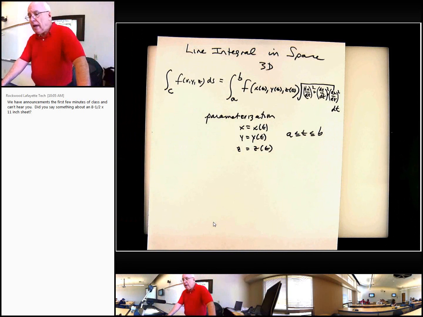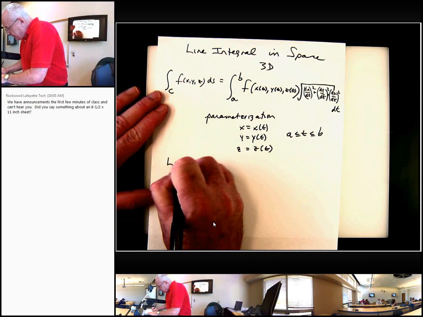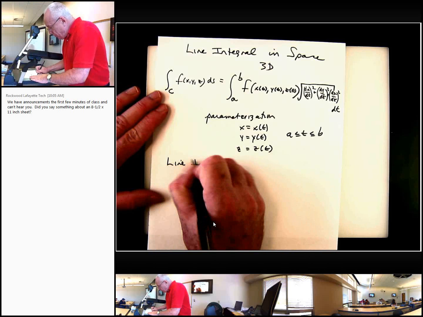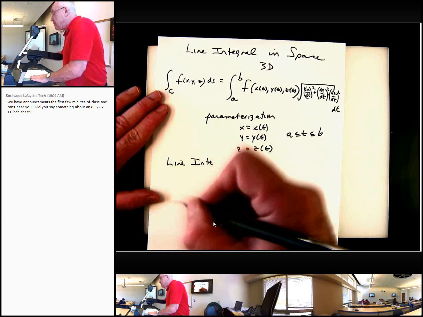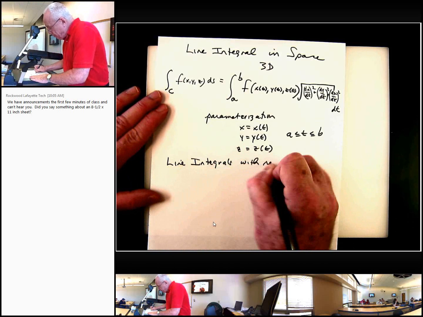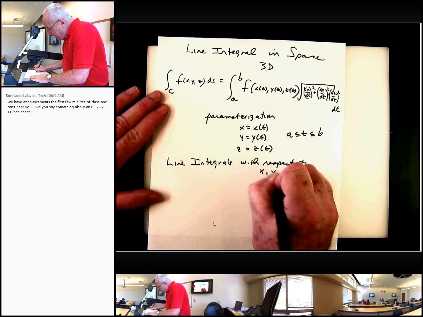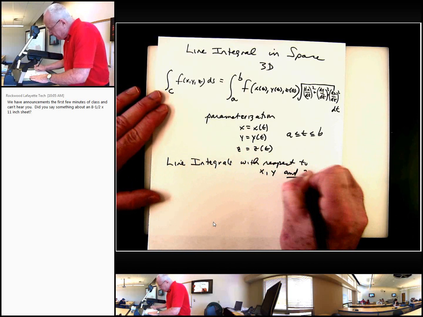We can also have a line integral with respect to x, y, and now this time z.